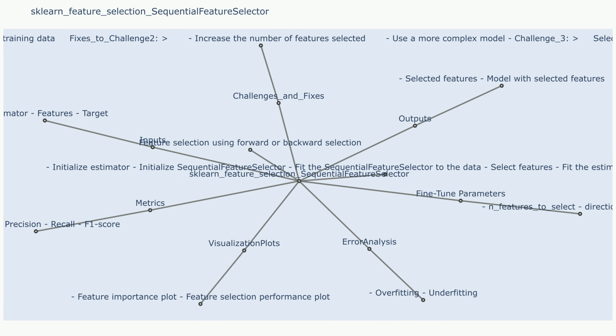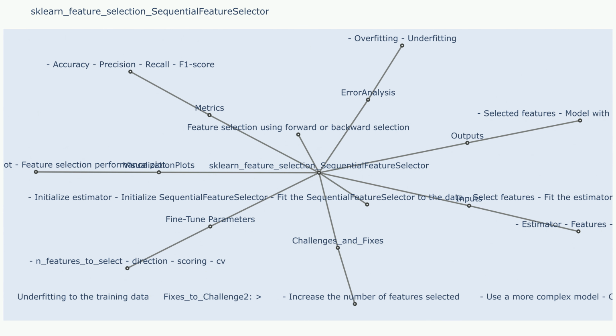Challenge 3: feature importance vs. feature selection. Sequential feature selector focuses on feature selection based on performance improvement, but it might not accurately reflect the true importance of features. Sample use case: a dataset where a feature is highly important but does not significantly improve the performance when added to the existing set of features.